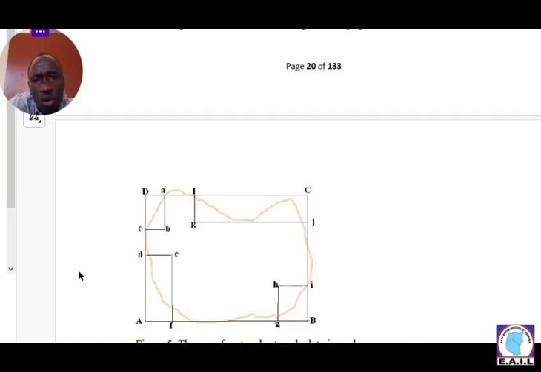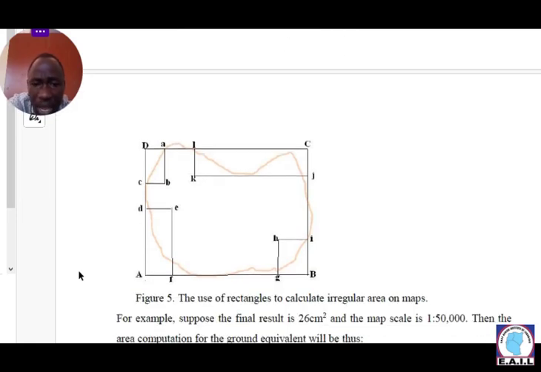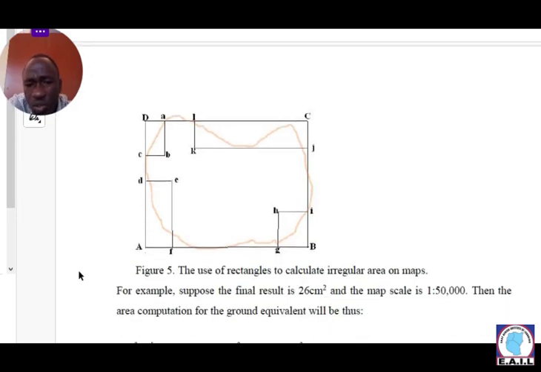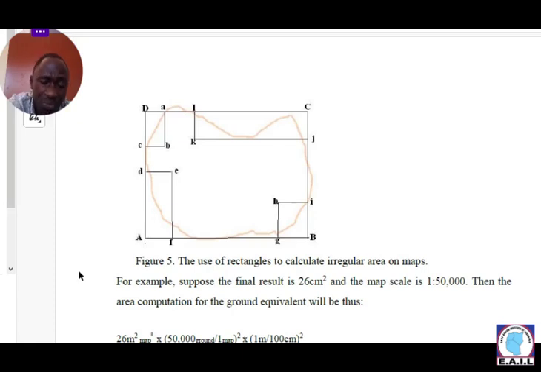Then you substitute in the figures and find the area. And here we also borrow the idea of GIS, the Geographical Information System. It can also clearly work it out for you.